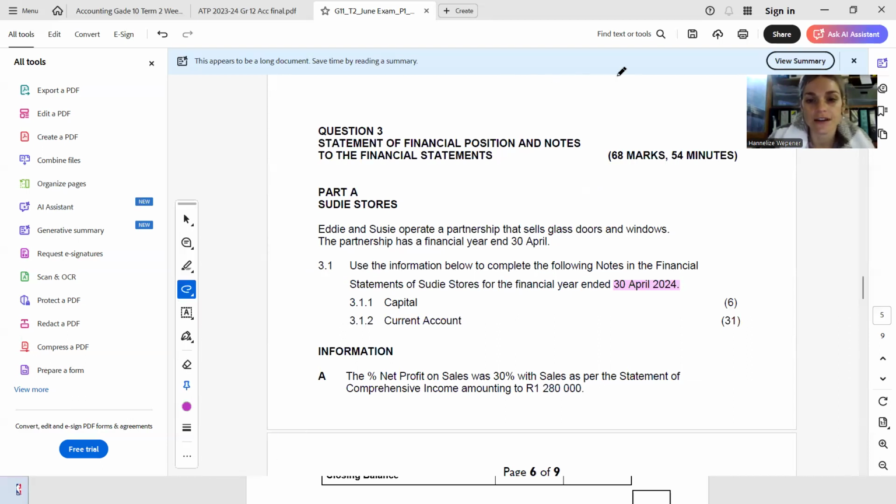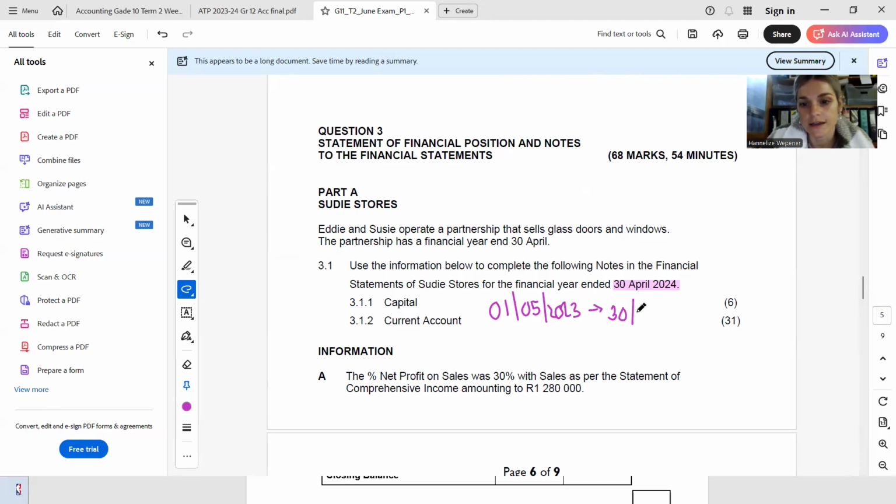Okay. So your financial year started on the 1st of May 2023 to be able to have a financial year end of 30 April 2024.